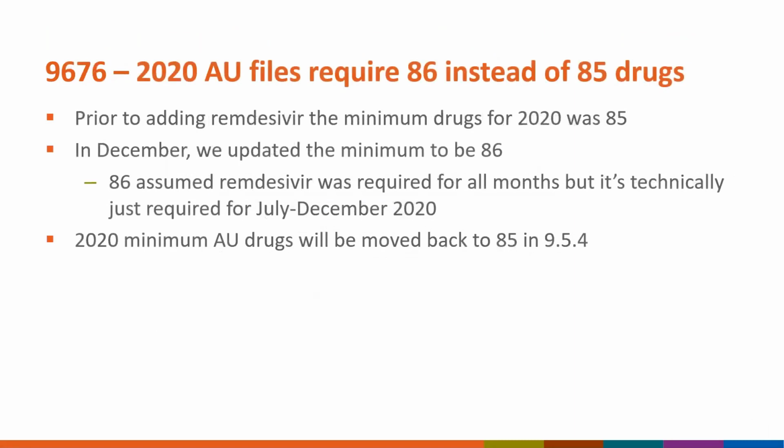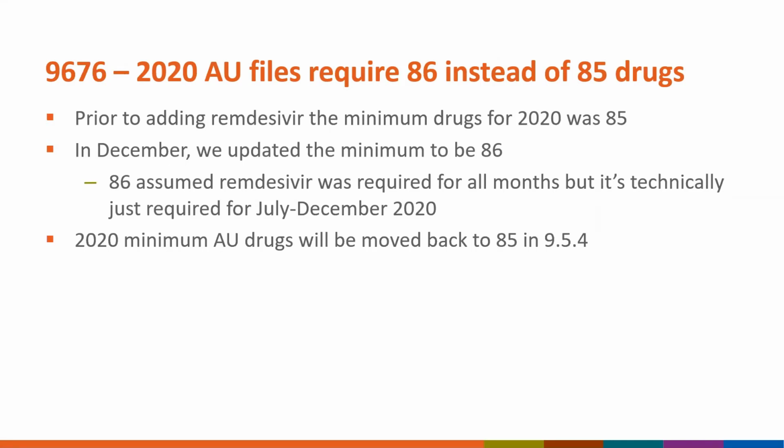Defect 9676 involves the minimum number of drugs to be included in the 2020 AU CDA file. Prior to adding remdesivir in July of 2020, the minimum number of drugs to be included in the AU file was 85.